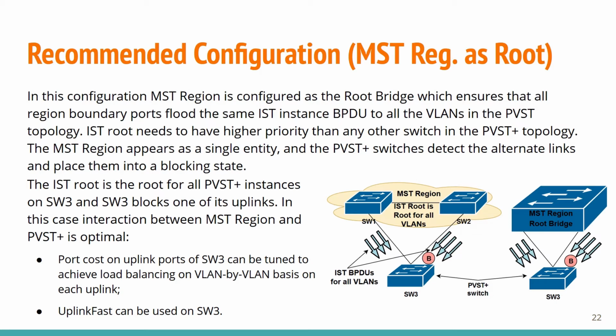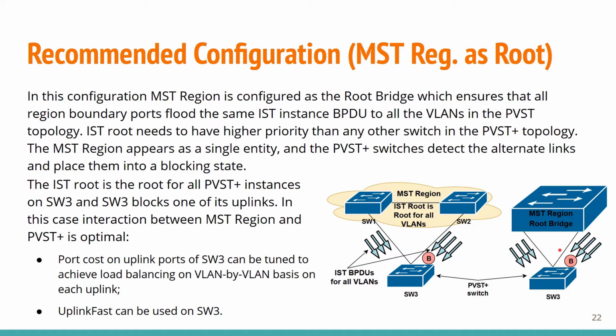So in our example, we have our MST region consisting of two switches, and we have the SW3 switch, which is PVST plus. In this situation, the SW3 switch considers our MST region as a single entity, a single switch, which is a root bridge, and it blocks one of its uplinks, for example, this one.